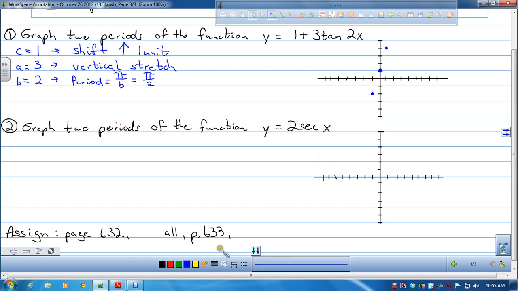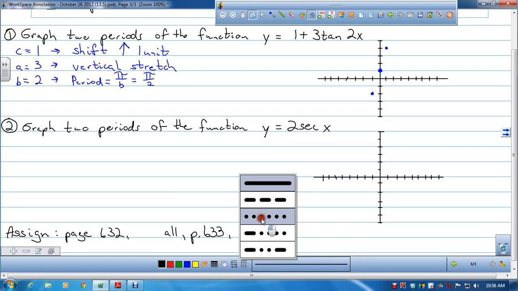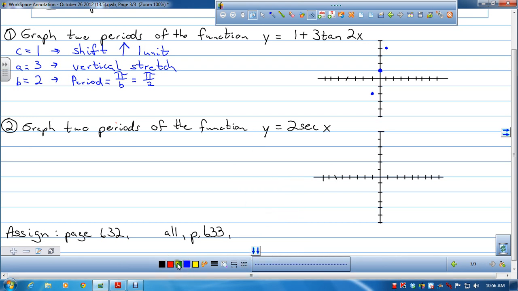Let's add our asymptotes here real quick. Let's make those red. Okay, that's going to be our asymptote there, and our asymptote there.